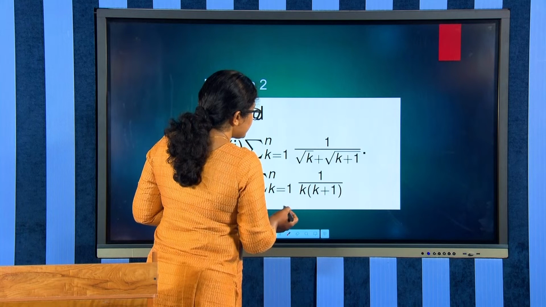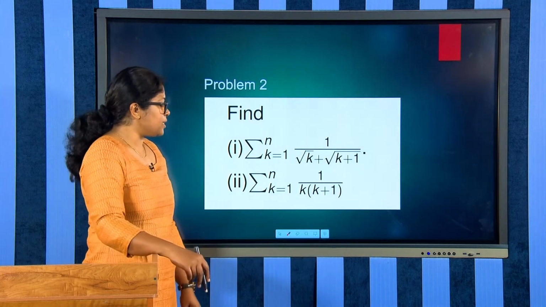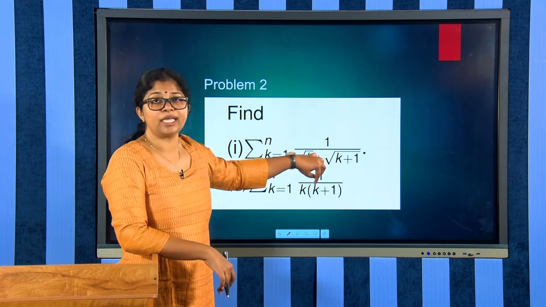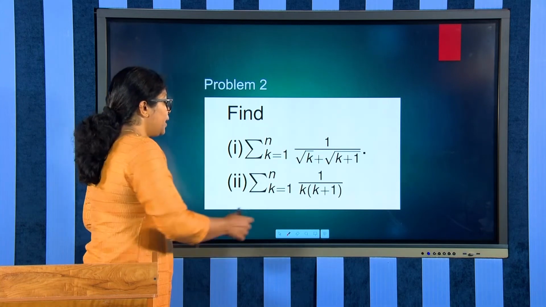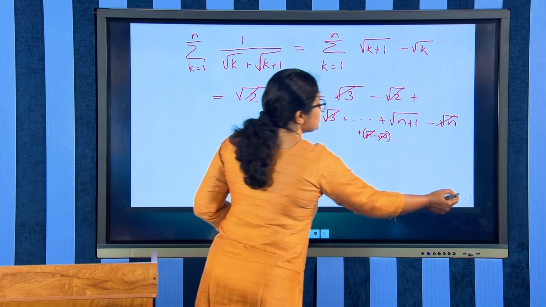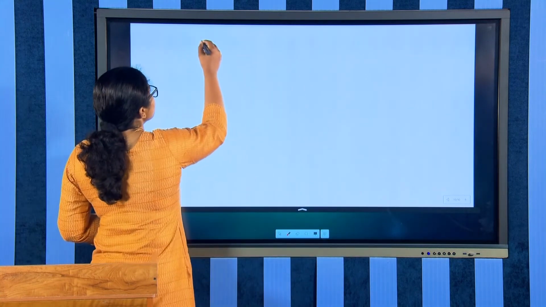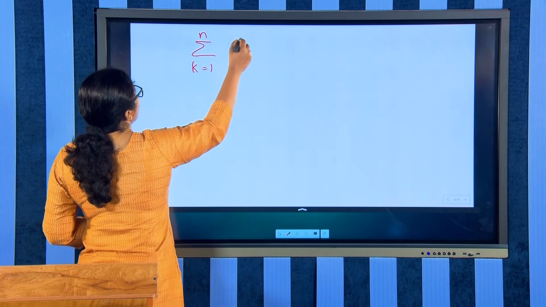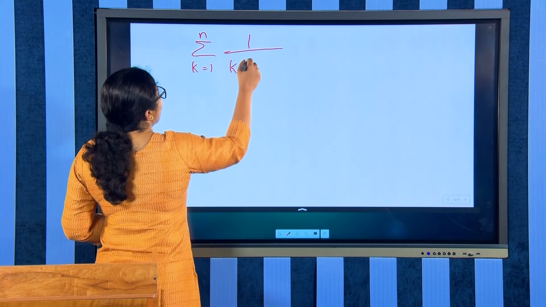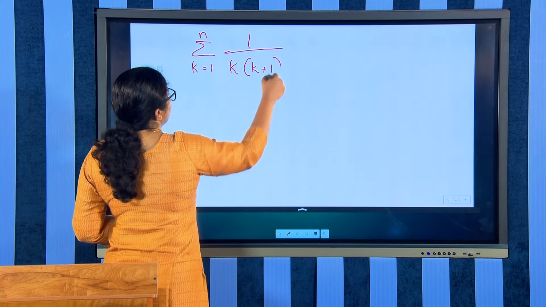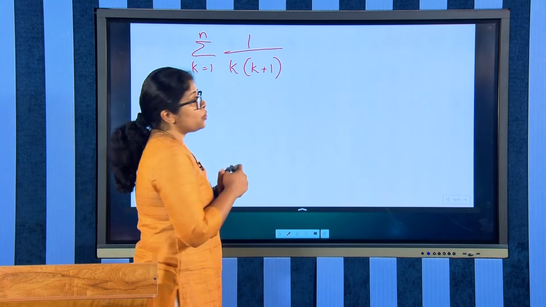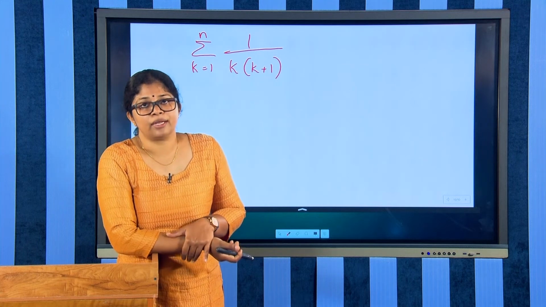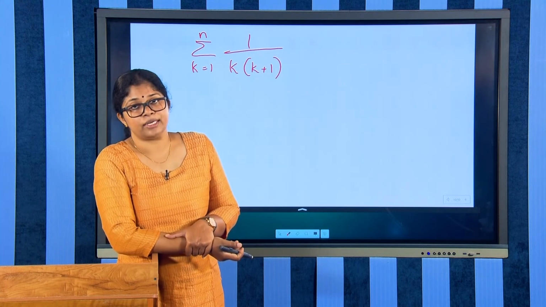Now, the next example is given as summation k equal to 1 to n of 1 by k into k plus 1. That again we can consider as a telescopic series. So you may remember something called partial fraction that you might have learned.